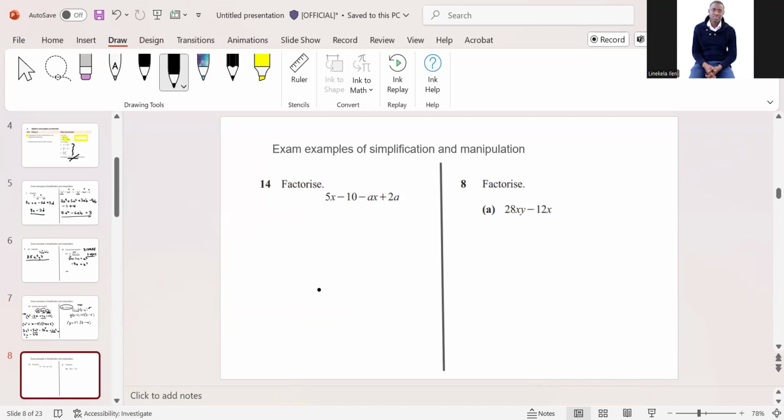If you look at this one now, equally the same. I think I can just group this one and that one, and this. I can already see 5 and 10 have got something in common, and the 2a and the negative ax have got something in common. So the highest common factor of the first two is 5, so I can factor out the 5. Then 5 into negative 10 is literally negative 2. And here, what's common is the a, so I can factor the a outside.